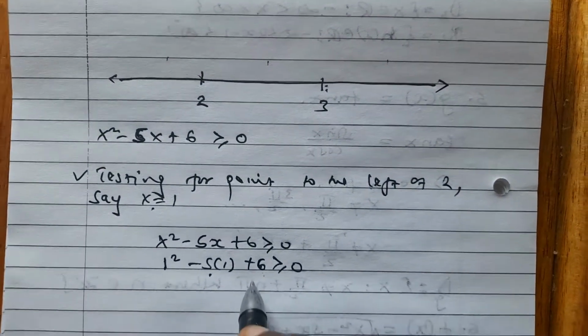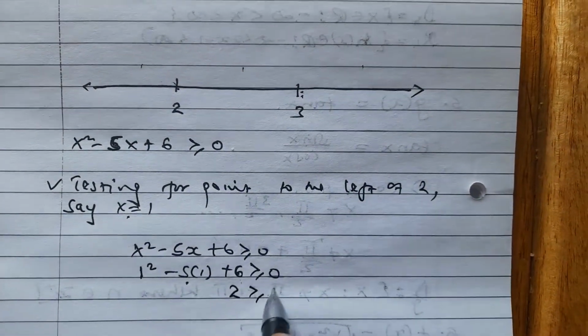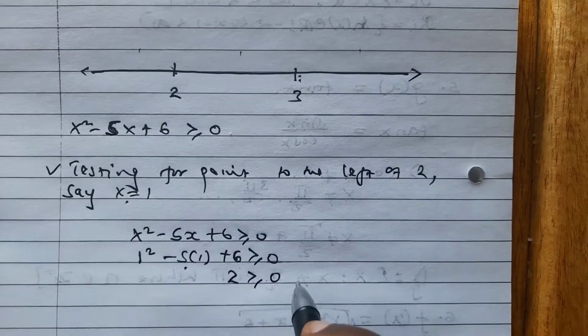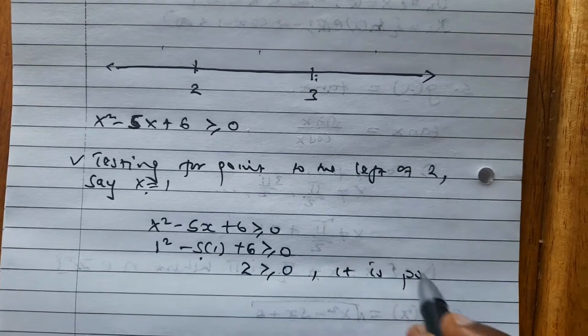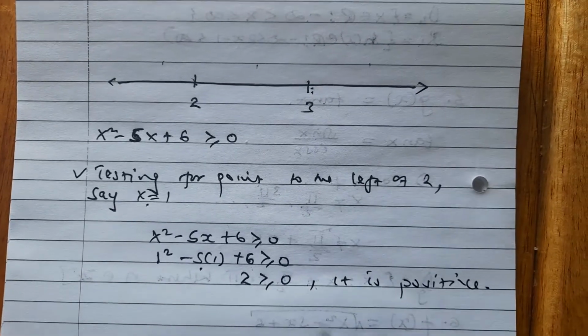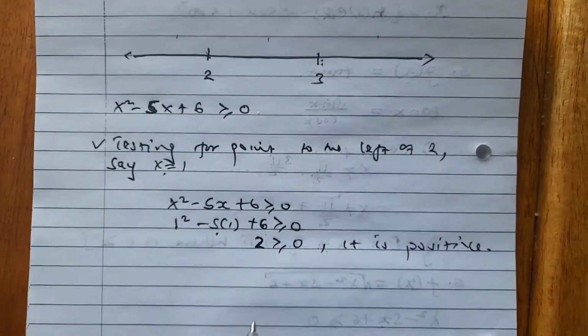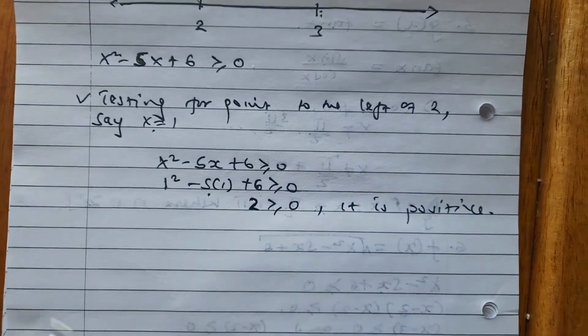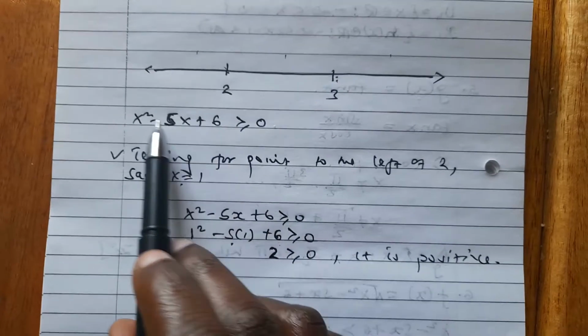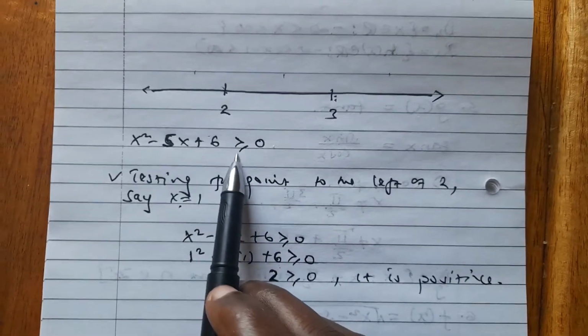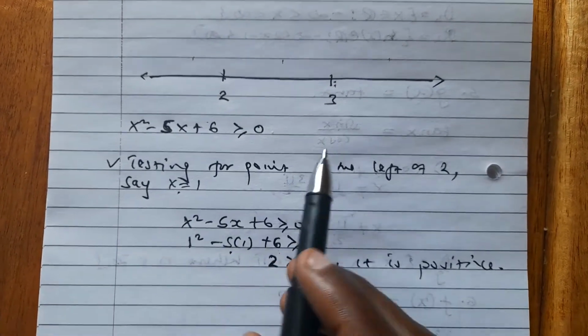So I have 2 being greater than or equal to 0, which is true, and it is positive. Our main interest is the value being positive or negative. That is why we initially said the whole expression should be greater than or equal to 0, meaning it's positive.